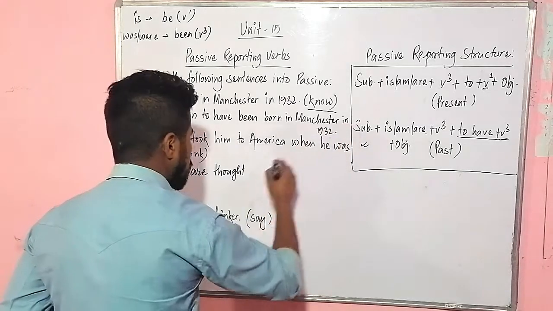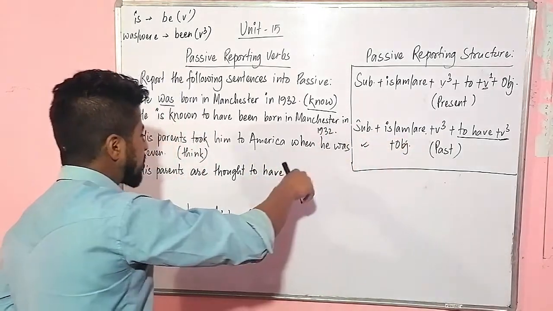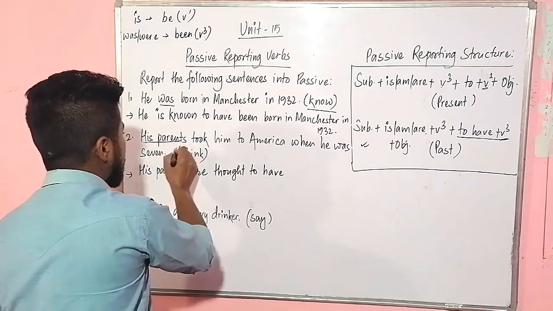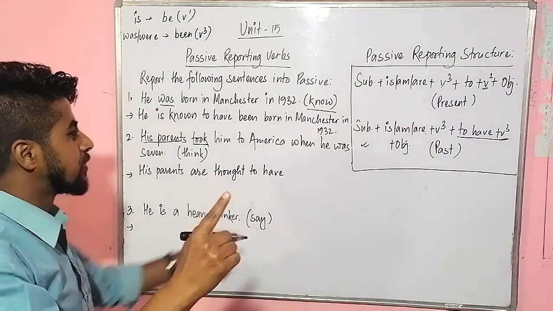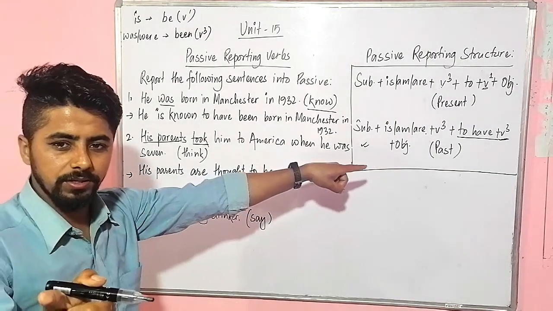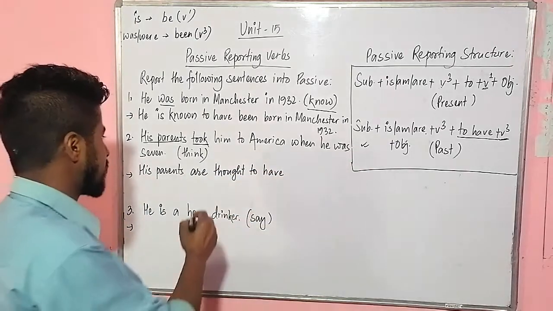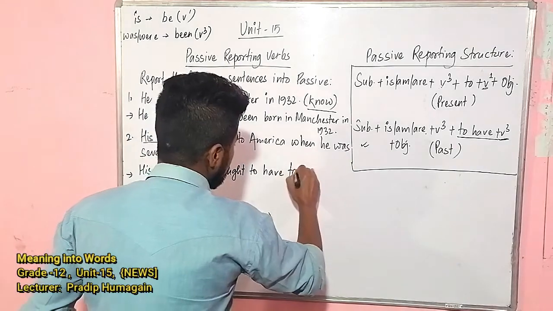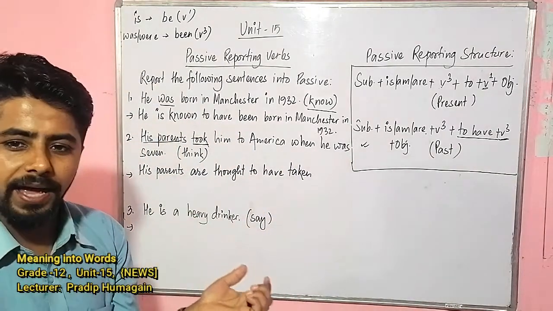After that, to have. Thought, to have. Now V3 should be used here. After his parents, the subject, what is the verb given here? Took is given. So let's use the third form of took. What is the third form of took? Take is V1, took is V2, and taken is V3. So taken. Now the remaining part you can copy as it is.